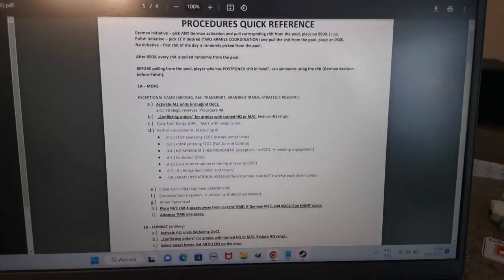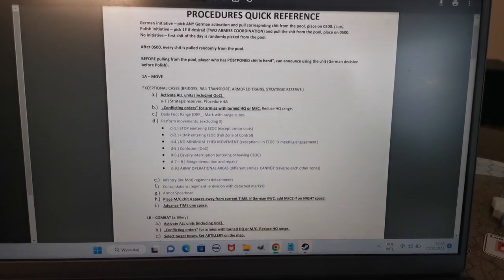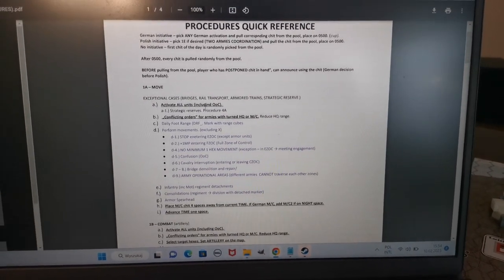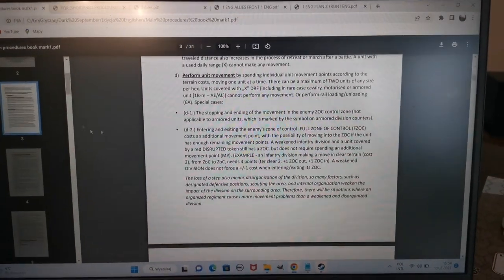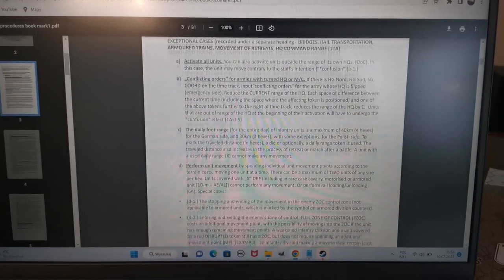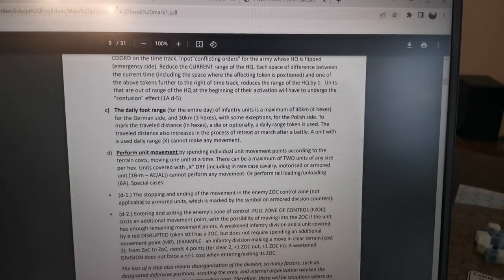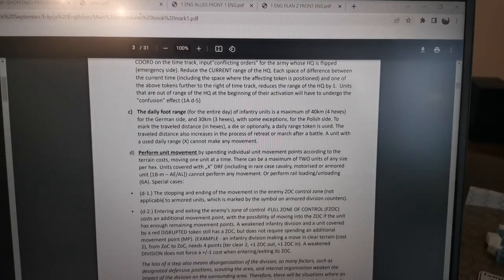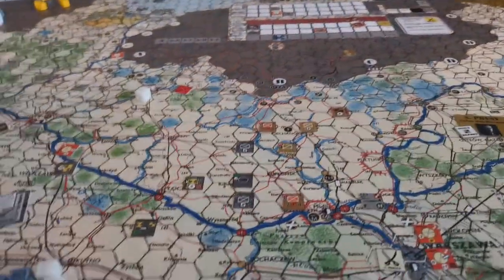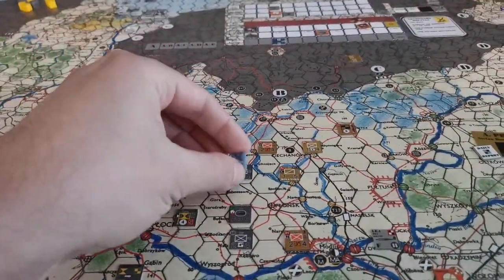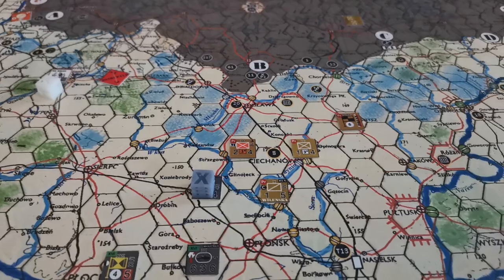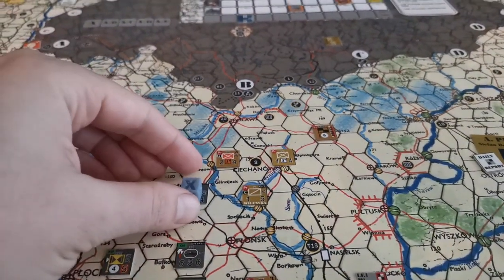Next we go to C, daily foot range, mark with range cubes. And this step is here to remind how daily foot range works. So let's say if this unit was with X, it wouldn't be able to activate.